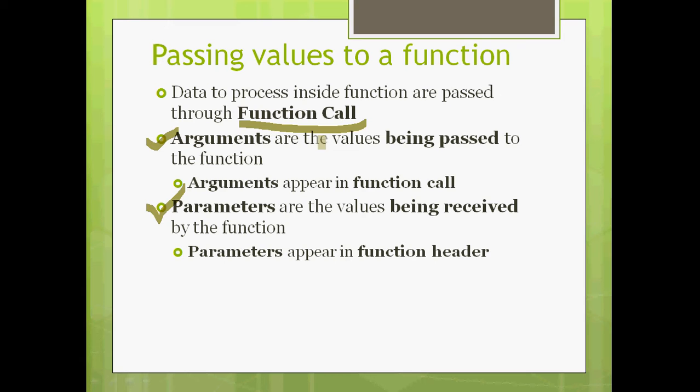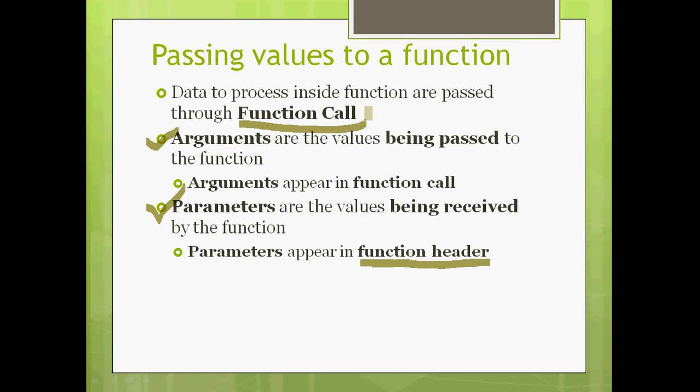So the actual values that are being passed to the function are called arguments. And the function definition, that is the function header, contains the def keyword, function name, and within the parenthesis there will be an argument list or parameter list. In Python they are called parameters.